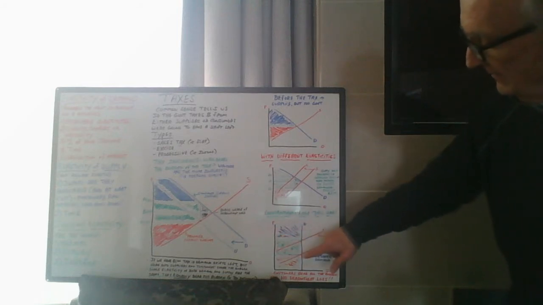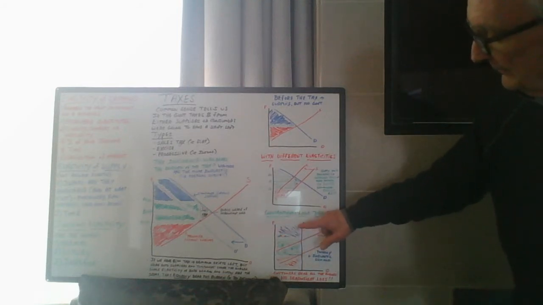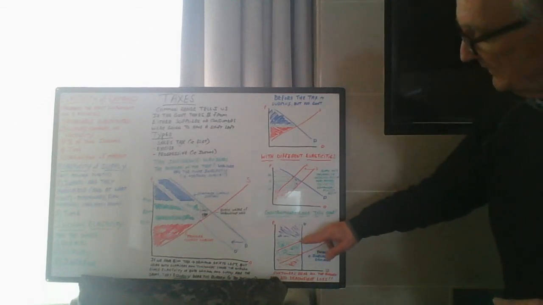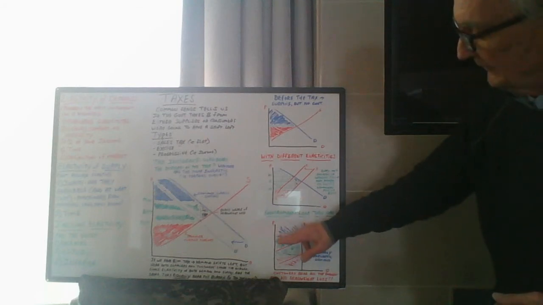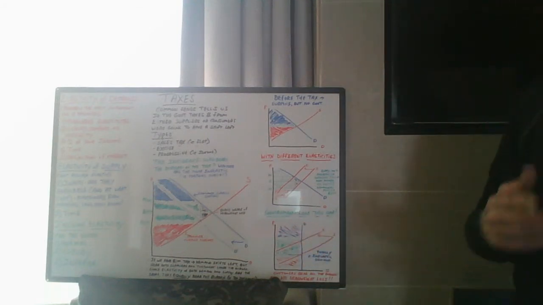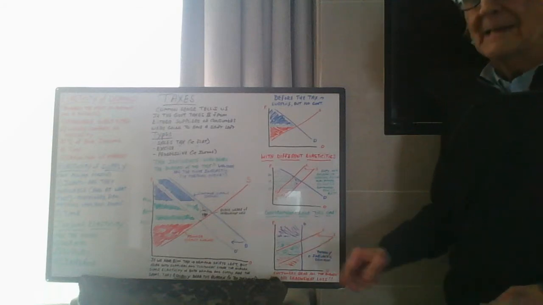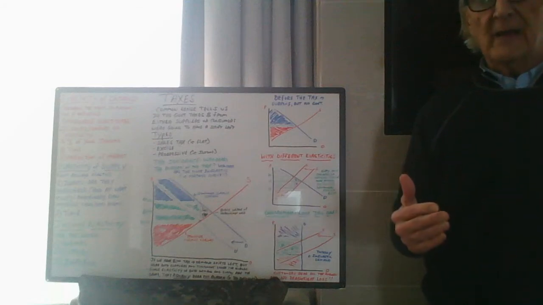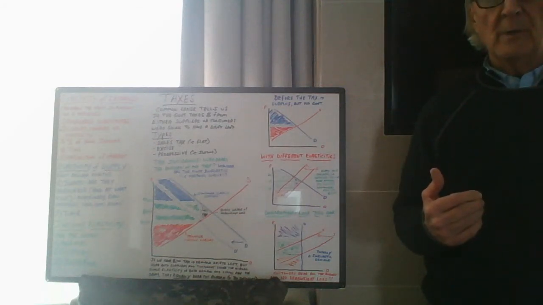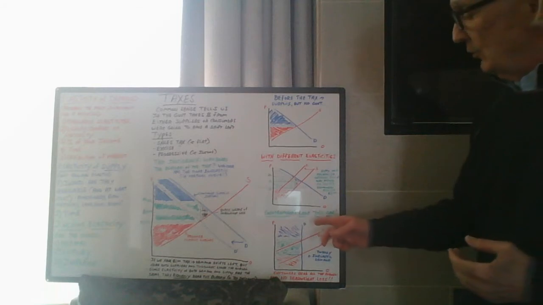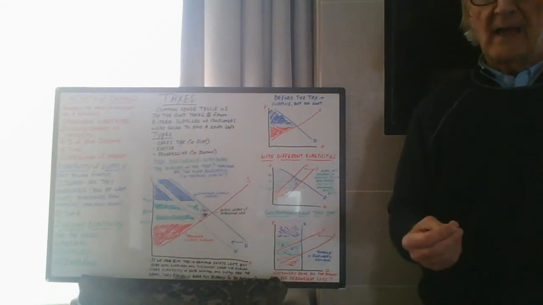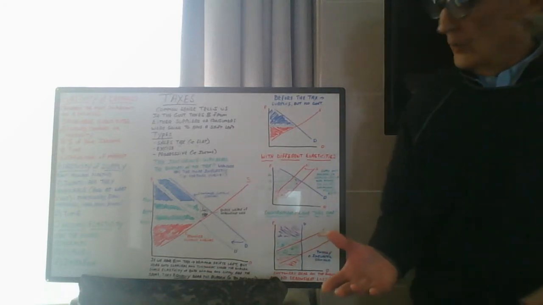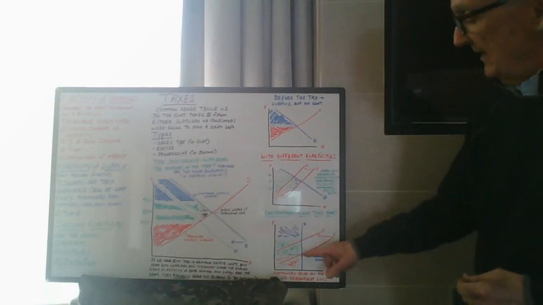This whole area, which was part of our consumer surplus, moves all the way up to here. Now that is the tax. But you'll notice something. For a totally inelastic demand curve, as I said, the more inelastic, the bigger burden you bear. Well, if a good is totally inelastic, you and I, as consumers, bear all of the burden. And that's exactly what happens.